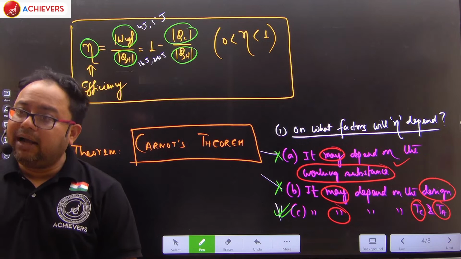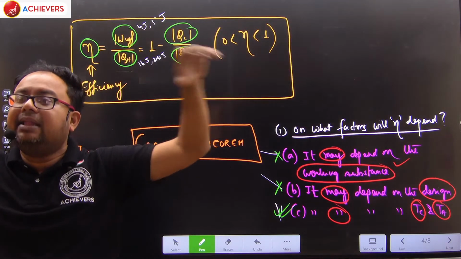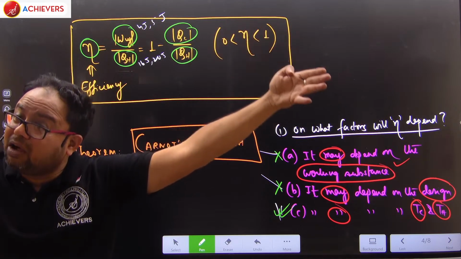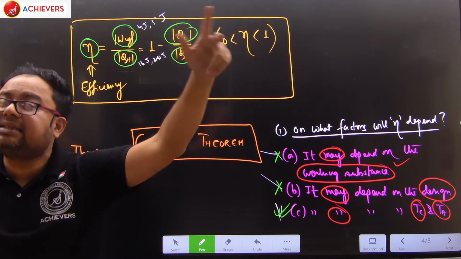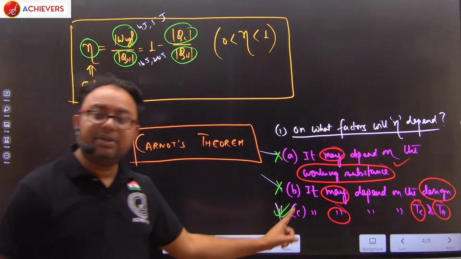Because we have already chosen that E1 and E2 have different working substance and different design. So although the working substance and designs are different, yet we are getting the same value of eta because we are maintaining the same TC and TH.